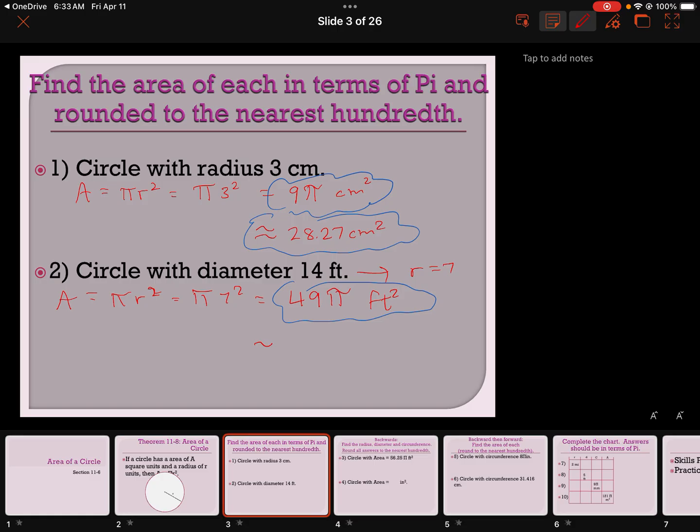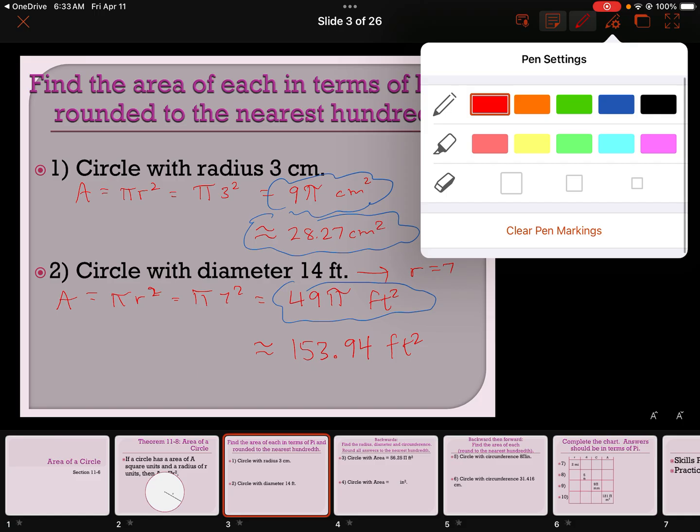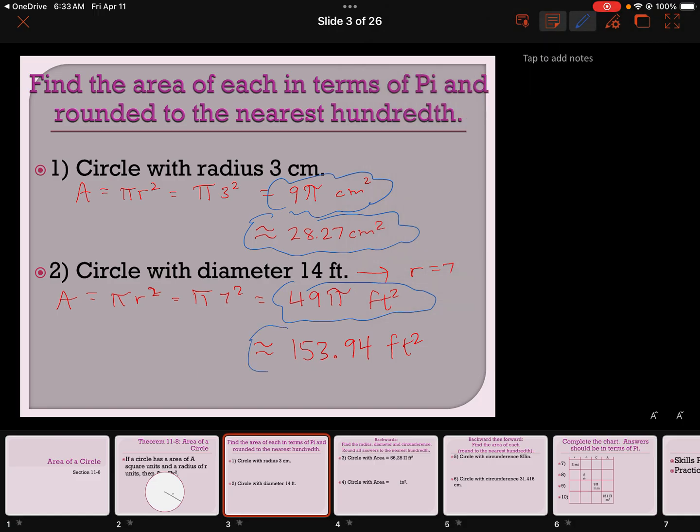Now that number might not mean a whole lot to you. Type it in your calculator. 153.94 square feet. That's how that goes.